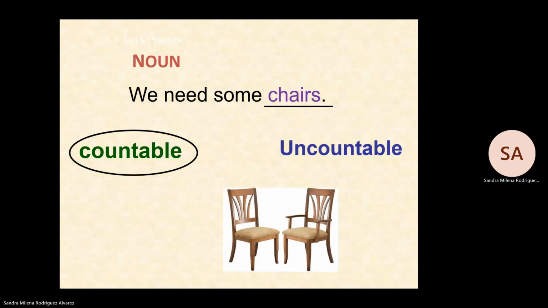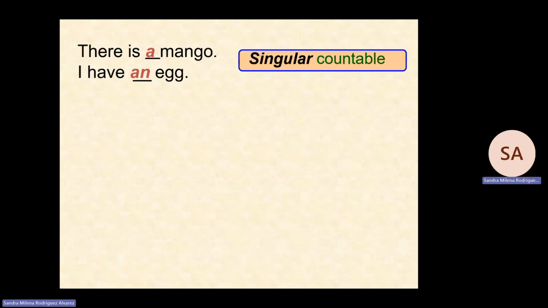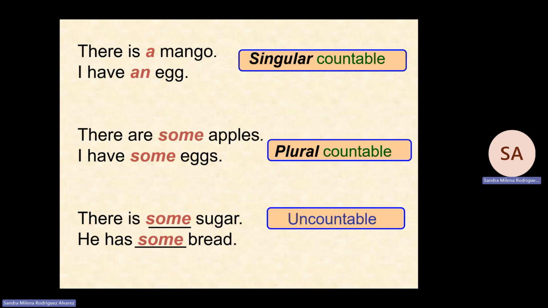Now, we have singular countable and plural countable. And what is the relationship we have between them?